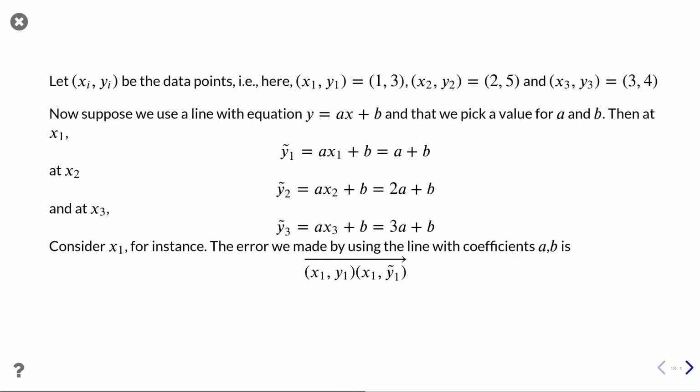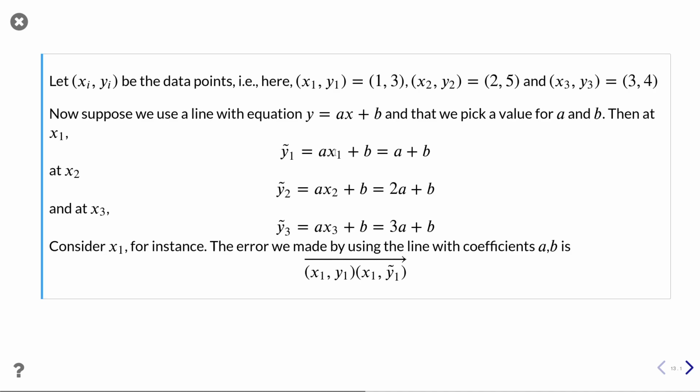Now, when I write this, when I evaluate at the value x1 with the value that I've picked for the parameters, the unknowns a and b, then I get a y1 tilde, which is simply the function evaluated at x1, which in this case is a times x1 plus b. x1 being 1, this means that y1 tilde is equal to a plus b.